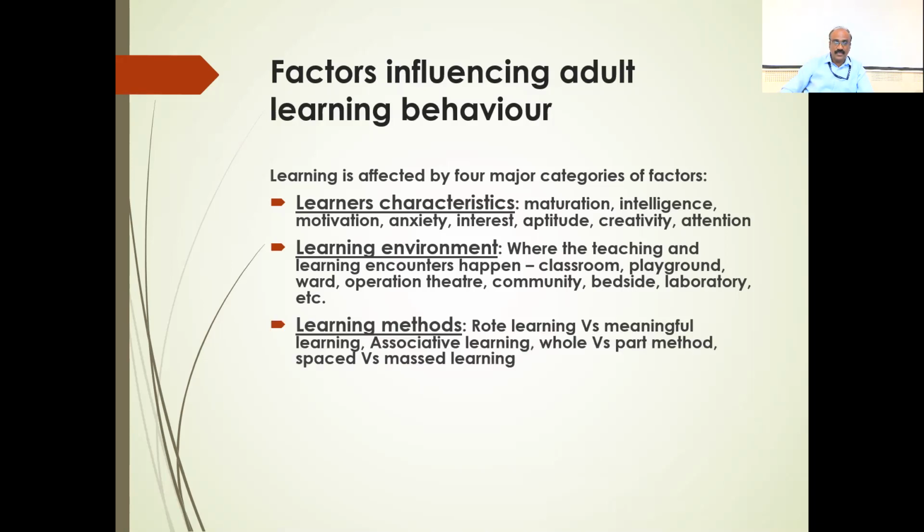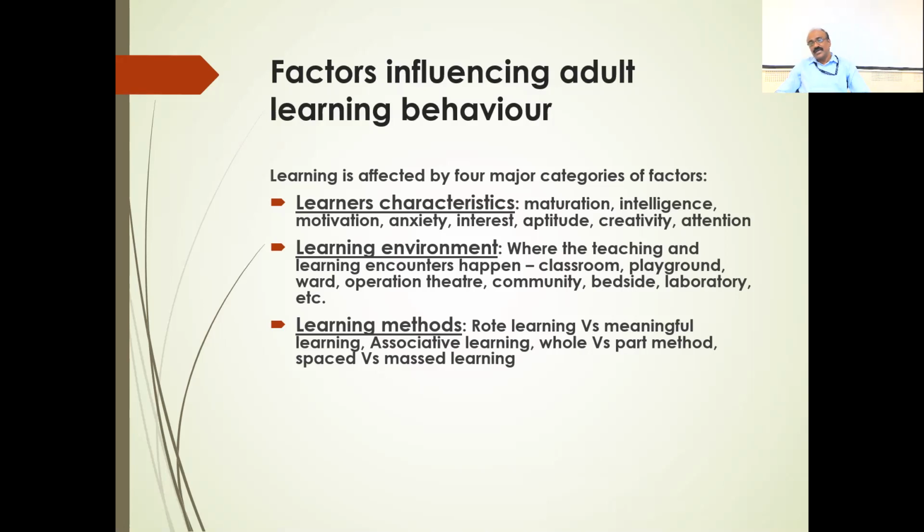And the third category is the learning methods. Different learners follow different learning methods. As teachers, we are also responsible for suggesting appropriate learning methods to our learners so that they become better learners and they also learn how to learn. Okay, so some learners use rote learning, some use meaningful learning, some always associate their previous learning with the current learning, which is called associative learning.